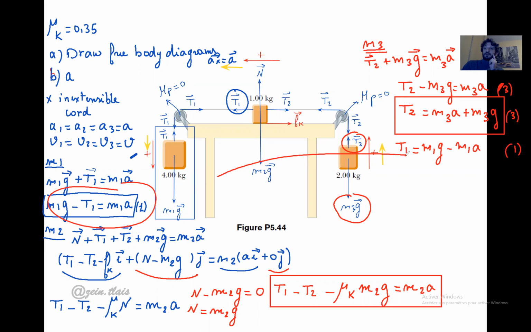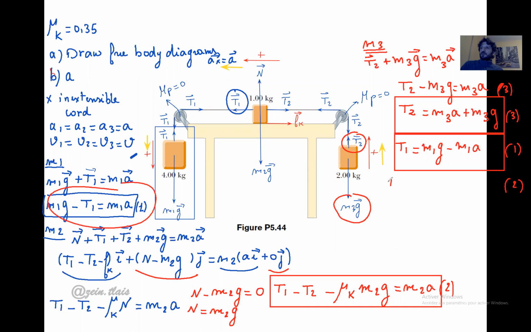Okay, this one. This is the second equation of T2.